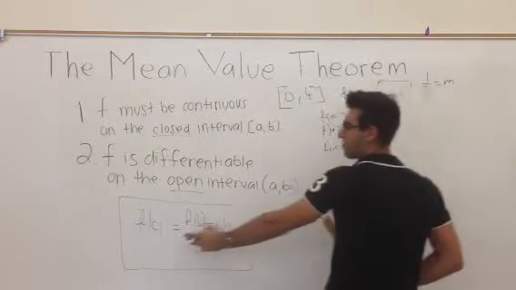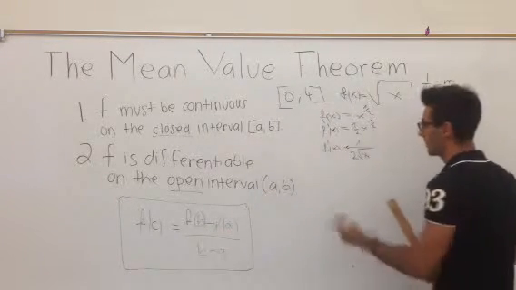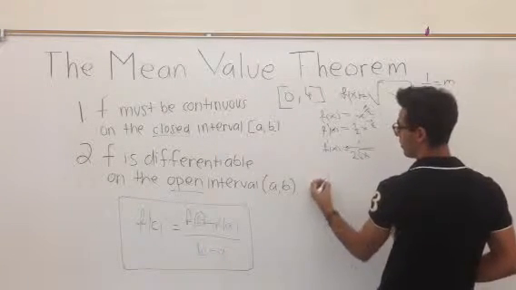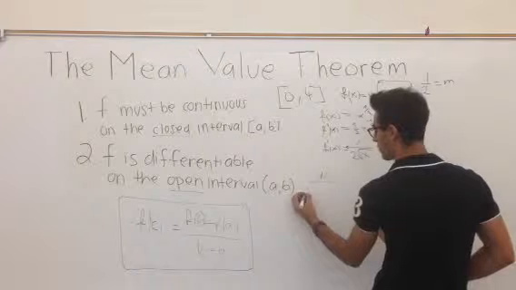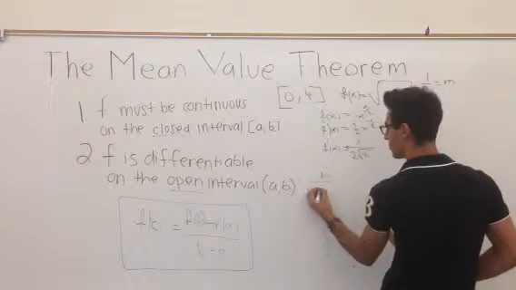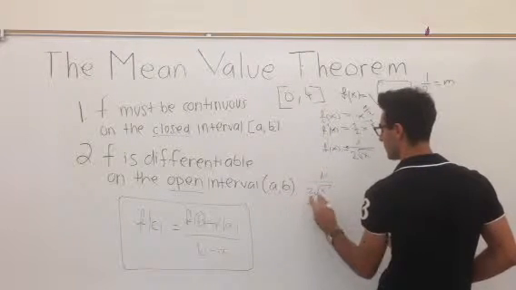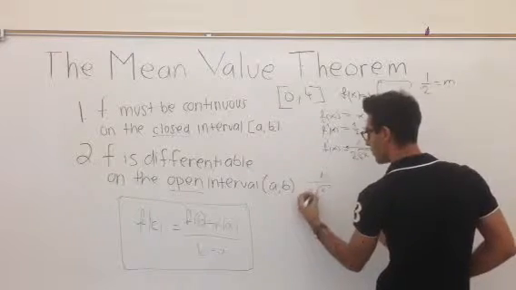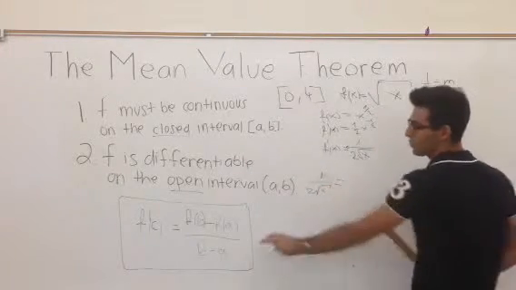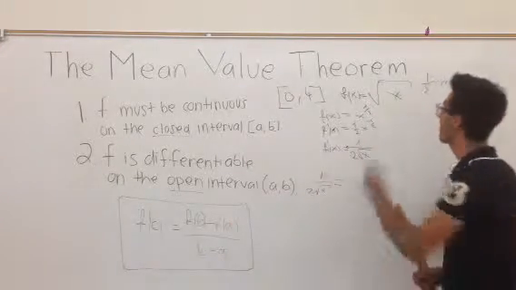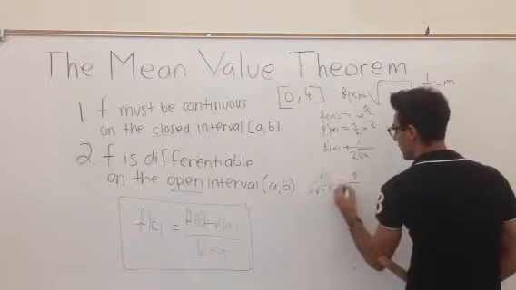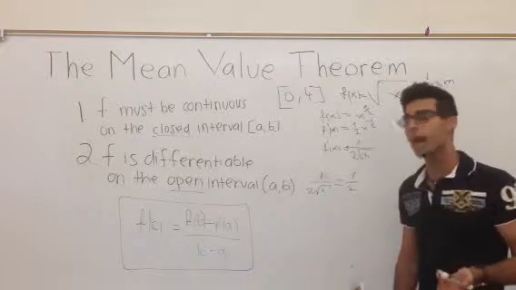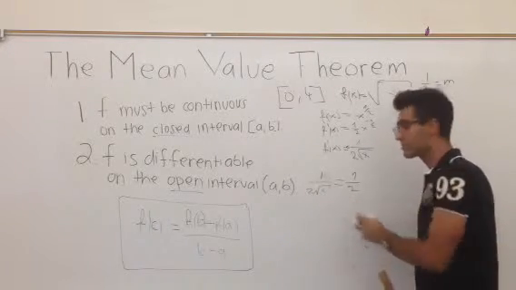And if we want to write it in equation form, we would write 1 over 2 square root of x equals our average slope. And remember, we found this already, which is 1/2.